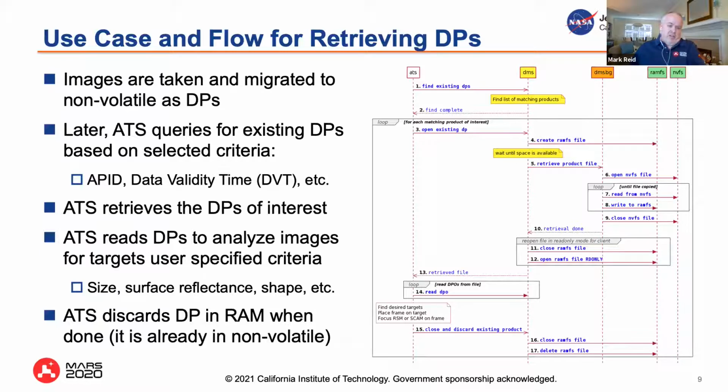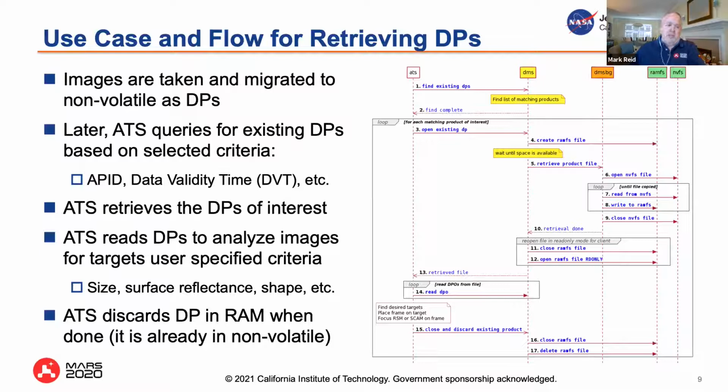And the use case here is we have images that are taken by the various HAZCAMs, NAVCAMs, MASCAMs. So we've taken various images from the various cameras, and we now want to go later. The autonomous target selection wants to go query these images, these existing data products, based on various selection criteria.